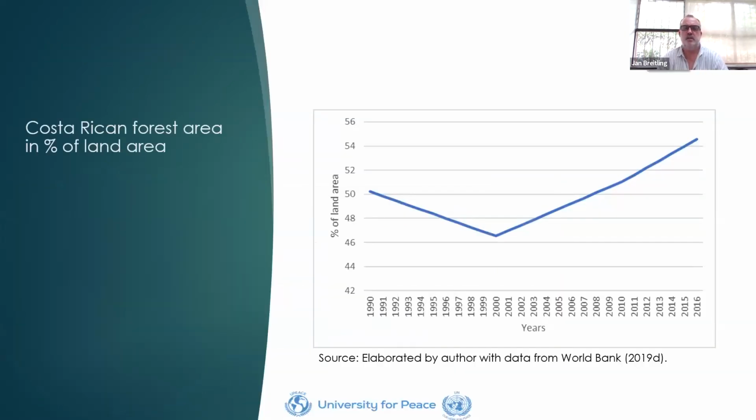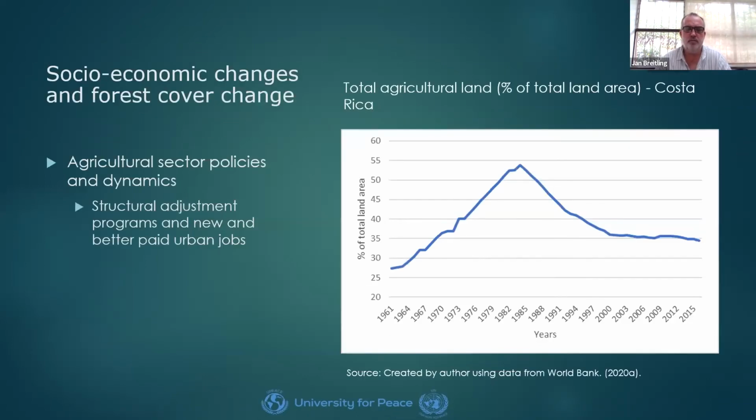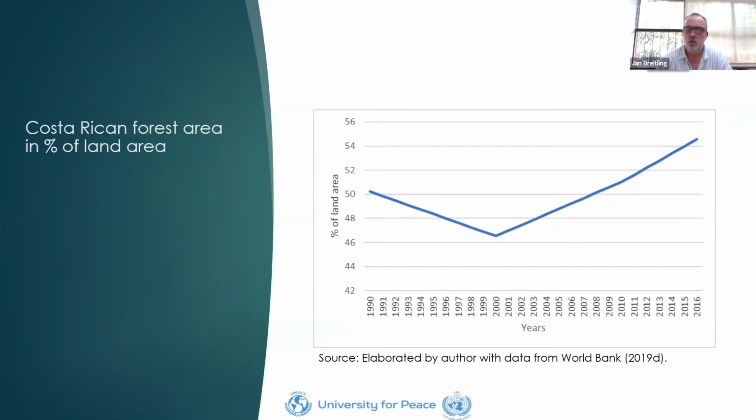Here's the forest cover in percentage as well of Costa Rica according to World Bank. And here I just have to make a short explanation. So if you remember the graph on this one here, the peak of agricultural land is in the 1980s. The lowest point of forest area in percentage, according to the World Bank, was in the year 2000.